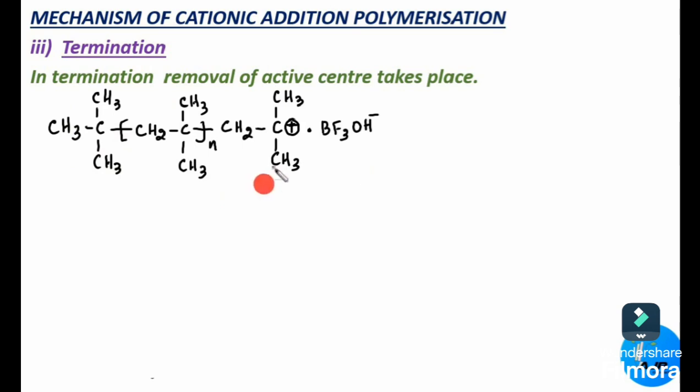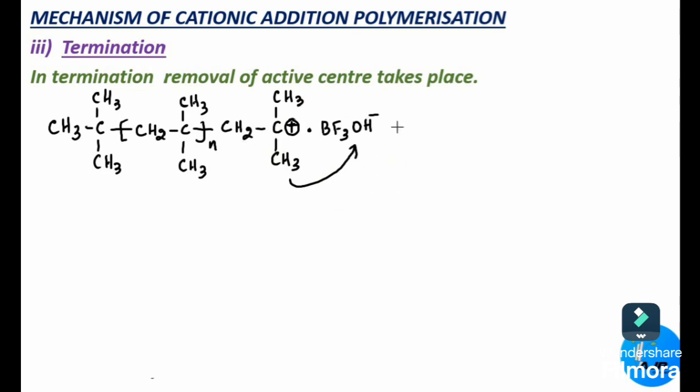And what happens here in the case of a termination? See here, one of the hydrogen atoms from this carbon center will be joining this OH minus, and this active center will be removed from this. Okay, so that we will be getting the final product.